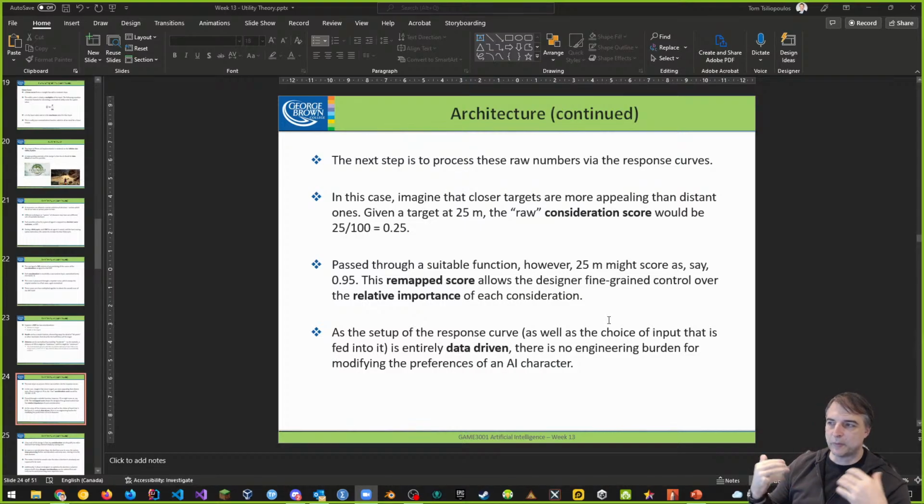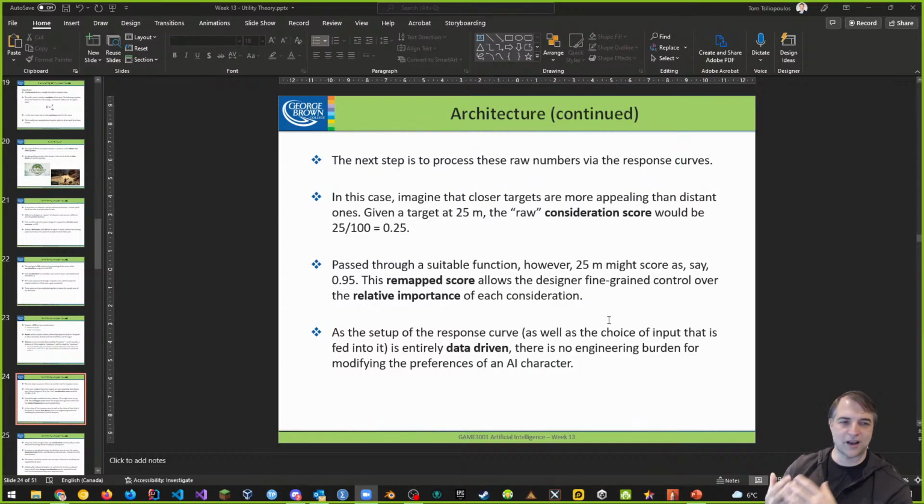And then we pass it through some kind of suitable function, as an example. However, 25 meters might score as, say, 0.95, because you're putting it across a curve and saying, well, when we remap the score, we're remapping it to produce a relative importance for that particular consideration.